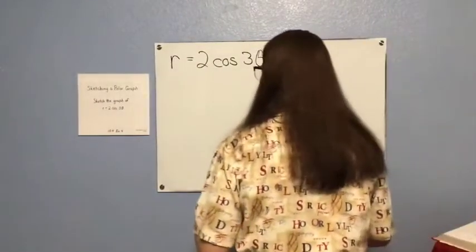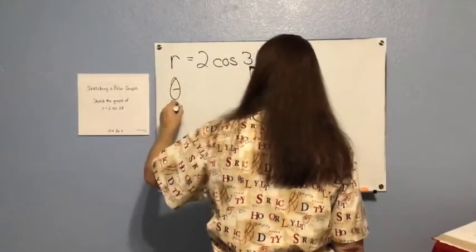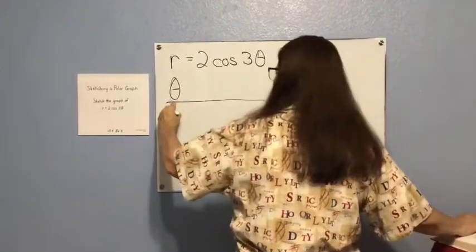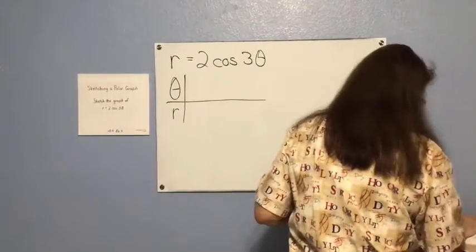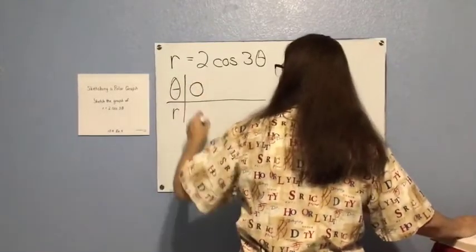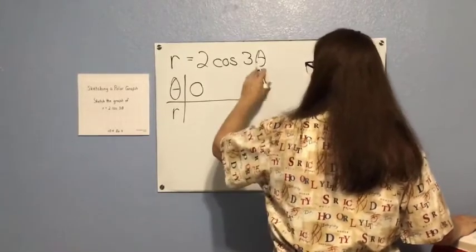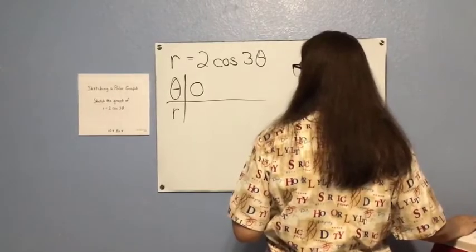Okay, we'll start with the table of values for this one. So when theta is 0, the cosine of 3 times 0 is still the cosine of 0, which is 1. So r is equal to 2.